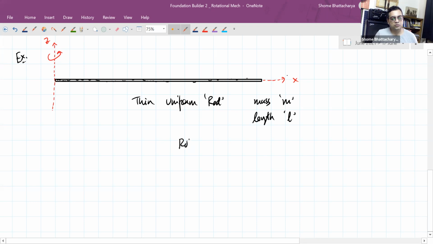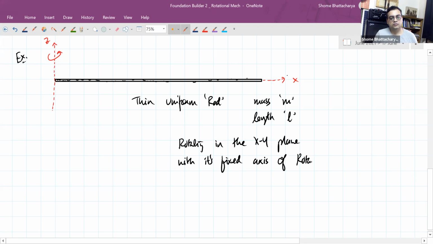So it's rotating in the xy plane with its fixed axis of rotation, which is the z axis in this case, passing through its one end.